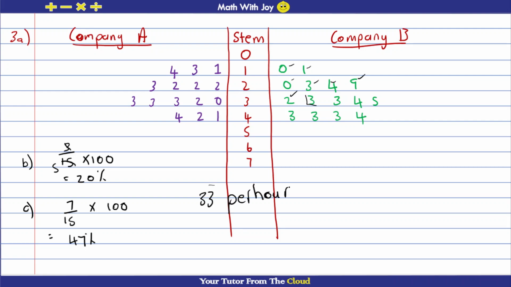So company B has more values in the region of 33 per hour, more than that. Okay, because they have 1, 2, 3, 4, 5, 6 values that have more downloads than 33 per hour, whilst this has 1, 2, 3. So company B will be more successful.